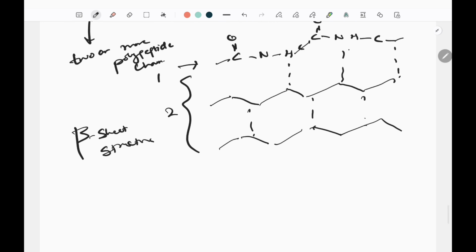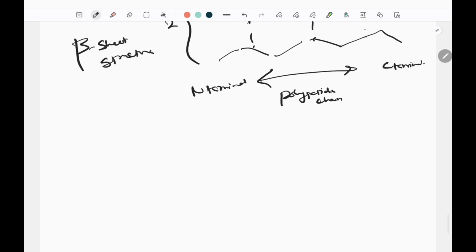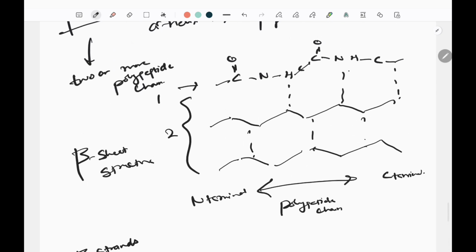Usually there is an N terminal and C terminal to it, and in between the whole polypeptide chain occurs, right? So beta sheet consists of beta strands. This one strand is called a beta strand.